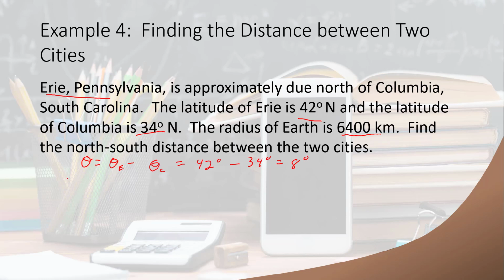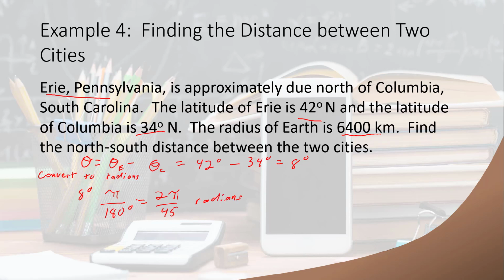Okay, once again, we're going to need to convert that into radians. So we will start off with 8 degrees. We want to multiply that by pi over 180 to convert to radians. And this will simplify to 2 pi divided by 45, and that will be in radians.